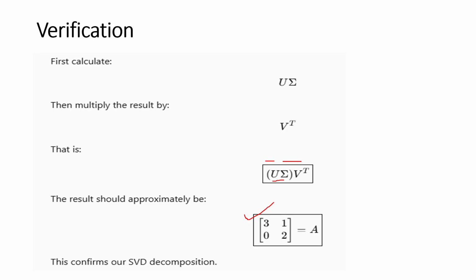Again, sigma will tell us how important each direction, or each hidden concept that we have found, is, and U symbolizes the relation of each sample with the mathematical component that we have found.